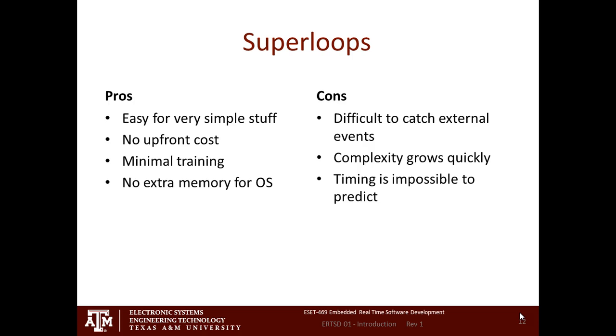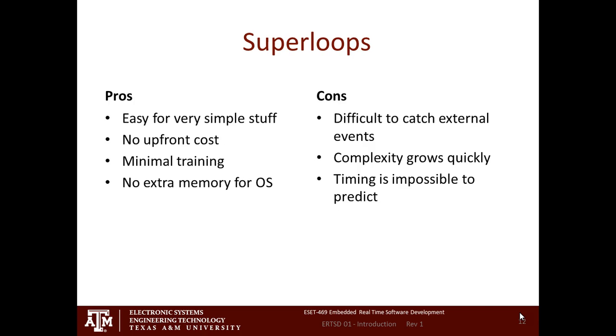But here's the problem. Doing a super loop, it can be really difficult to capture external events. So think about a situation where you might be using a super loop, where you are waiting for somebody to press a letter on the keyboard, right? So you're waiting for something to come in over the serial port.